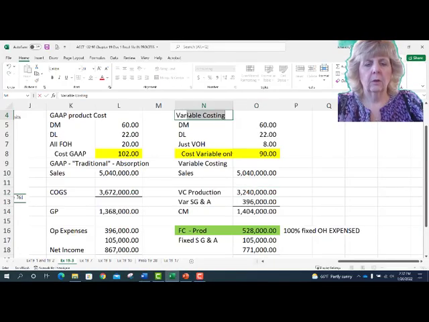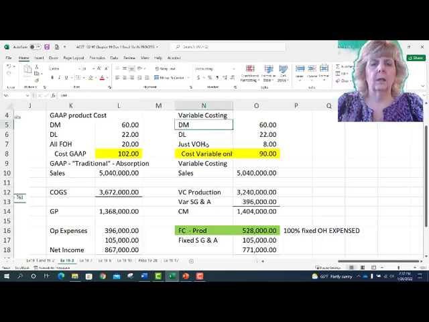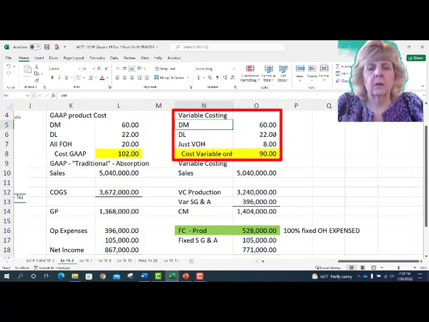On the screen, you'll see the variable costing income statement. Product cost is different. The direct materials and direct labor are the same, but under direct costing or variable costing, only the variable overhead is considered a product cost. When we added those three up, we got $90 as our product cost.